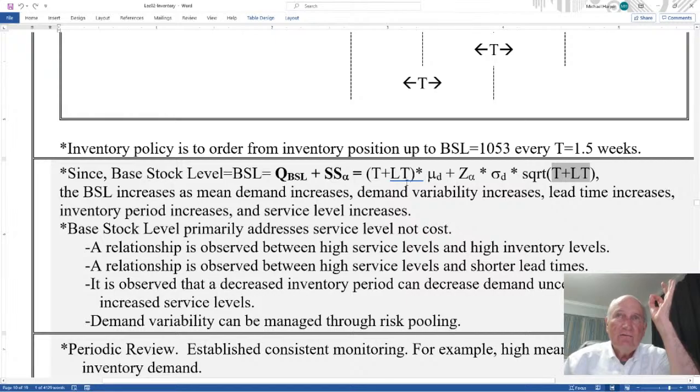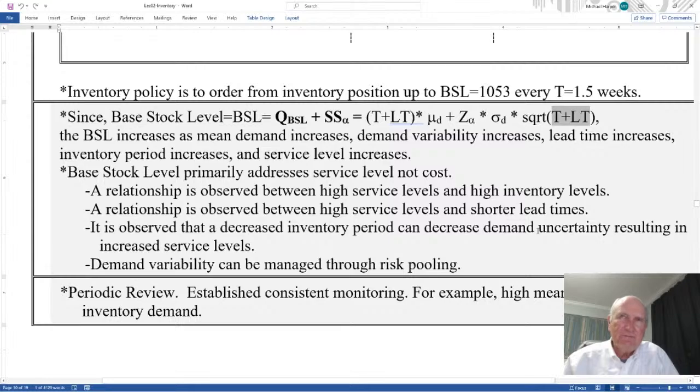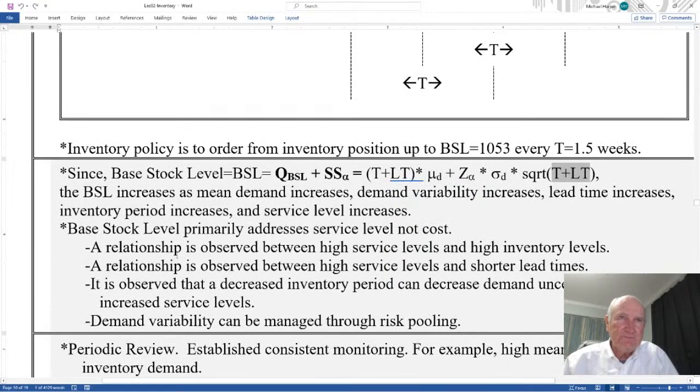But for the safety stock, you only have T here and lead time down here. For the base stock level, you have T and LT in both places. Again, you'll have the derivation in the video. If you're interested in the derivation, it's not important for supply chain management or analytics even.